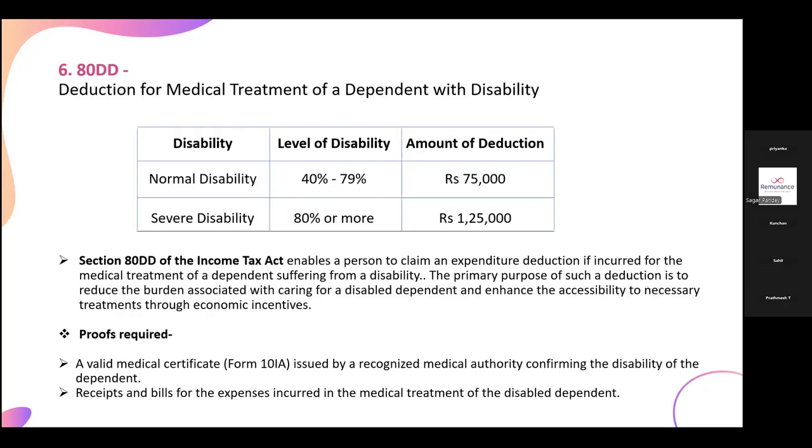So as a proof, you have to submit Form 10IA, which is issued by a recognized medical authority, confirming the disability and percentage of disability. You can also attach receipts and bills for the expenses that are incurred in the medical treatment of the disabled dependent.